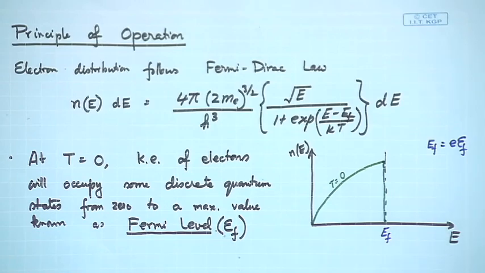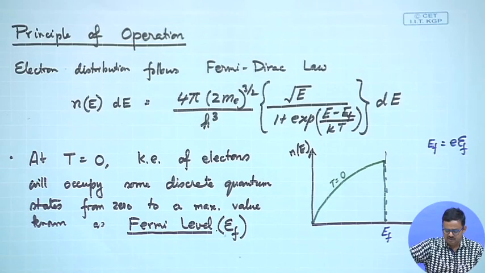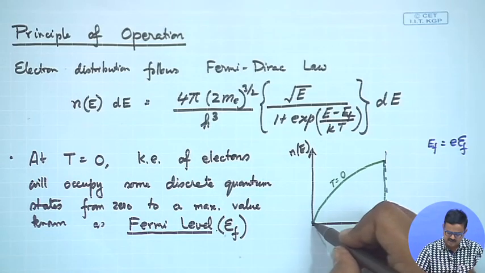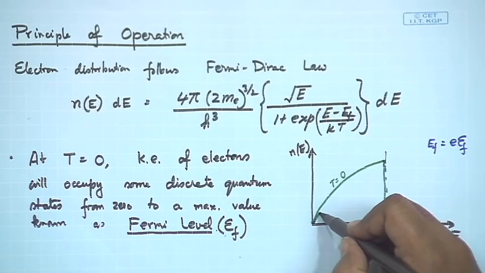Now, if I increase the temperature beyond 0, the electrons have free energy above this Fermi level, and they tend to vibrate around it. So, if I increase the temperature, I will start seeing something like this.